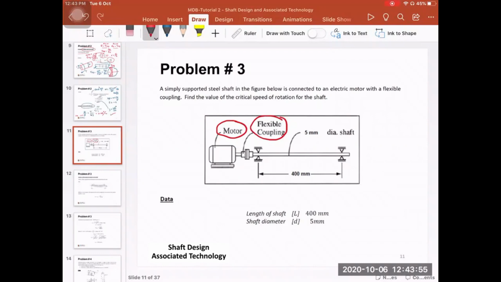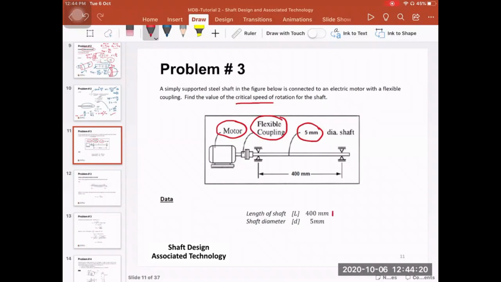And find the value of the critical speed of rotation of the shaft. The shaft diameter is given as 5 millimeter. So this means that you calculate the shaft diameter based on the failure criteria or the deflection. And then based on that, you can calculate the critical shaft speed and compare it to the operating speed.